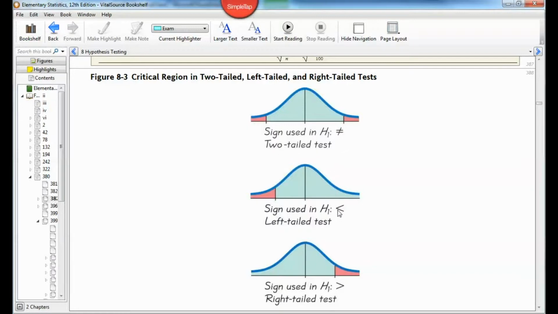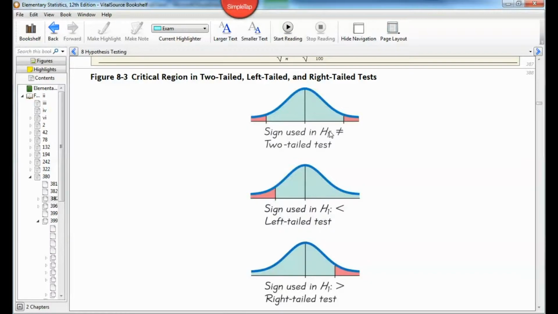If we have a less than sign, it's a left-tailed test. And if we have a greater than sign, it's a right-tailed test. That's a little bit different from the previous chapters. So make sure that you look at that very carefully and figure out what type of test you have: left-tailed, right-tailed, or two-tailed.